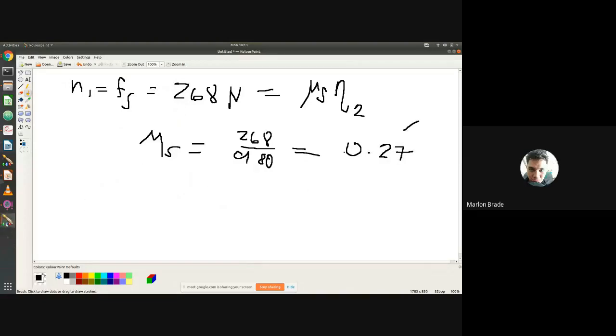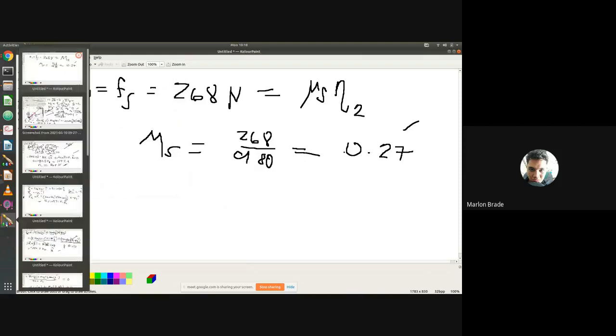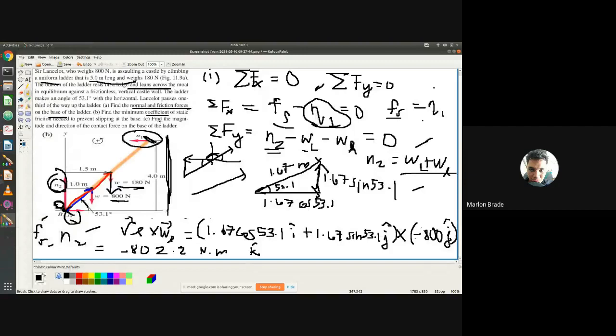Next, we find the magnitude and direction of the contact force. What are the contact forces at the base of the ladder? What forces are at the base of the ladder? Fs and N2.